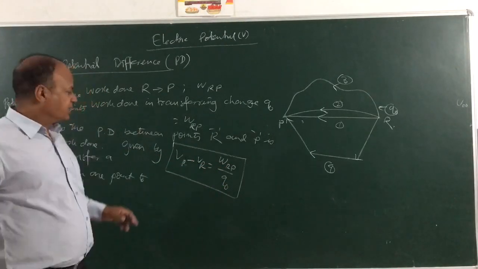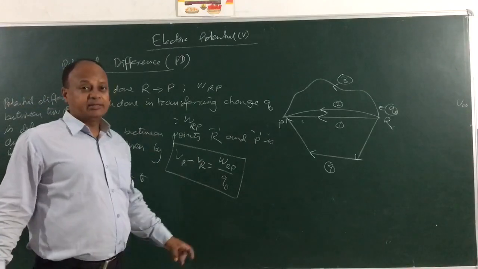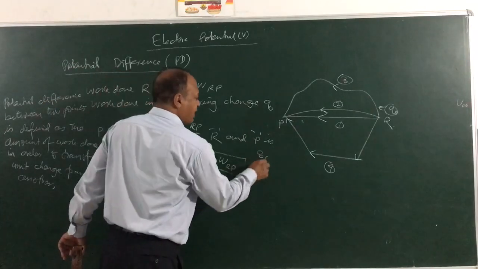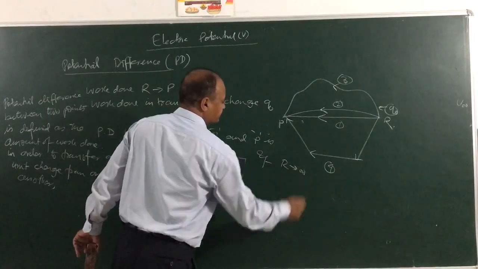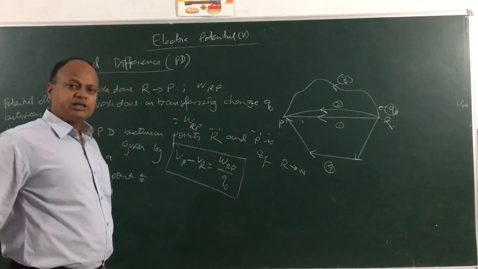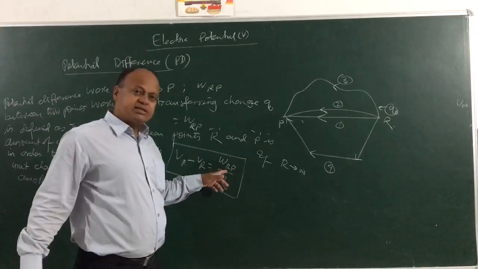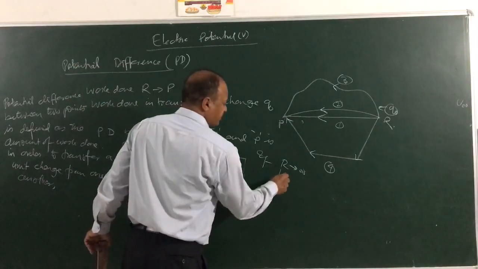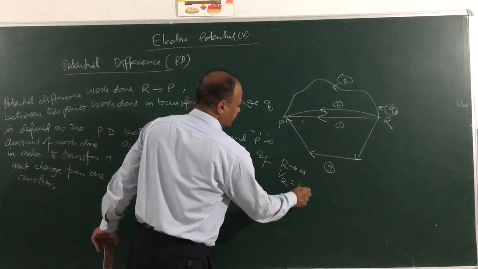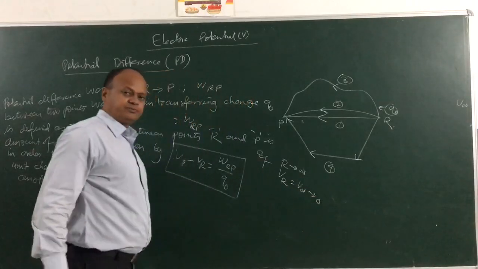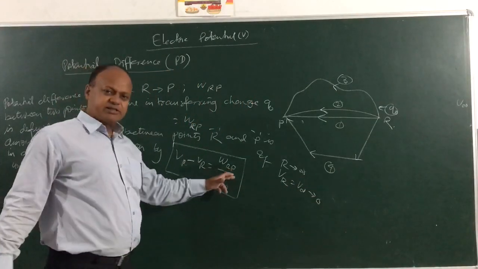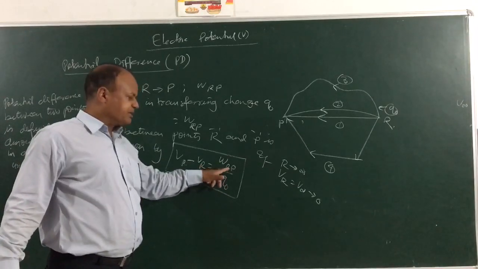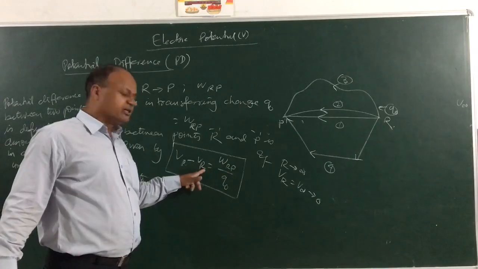Now let's see how we can use it for defining potential again. If R tends to infinity, if I put R as infinity, then the potential at infinity will be equal to how much? 0. If in this equation I replace R with infinity, then Vr will be how much? 0.